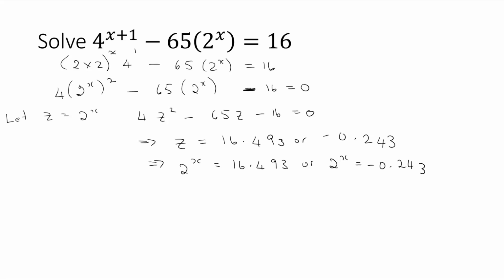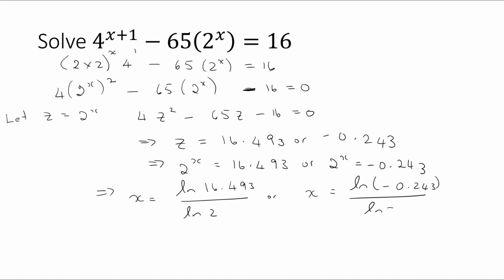And then the next step would be to use logs to say that x equals natural log 16.493 over natural log 2, or that x equals natural log negative 0.243 over natural log 2. And at that stage, you should realise that you can't take the natural log of a negative number, so that answer's gone, and that x is approximately, and you should check that.